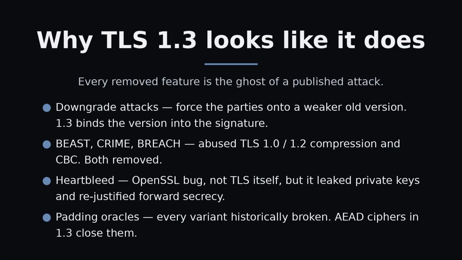Heartbleed wasn't a TLS bug, it was an OpenSSL bug, but it leaked private keys for hundreds of thousands of servers and essentially proved why forward secrecy needed to be mandatory. Padding oracle attacks were historically everywhere. AEAD modes in 1.3 close that whole class. The protocol you use today looks the way it does because every alternative was tried, broken, and removed.